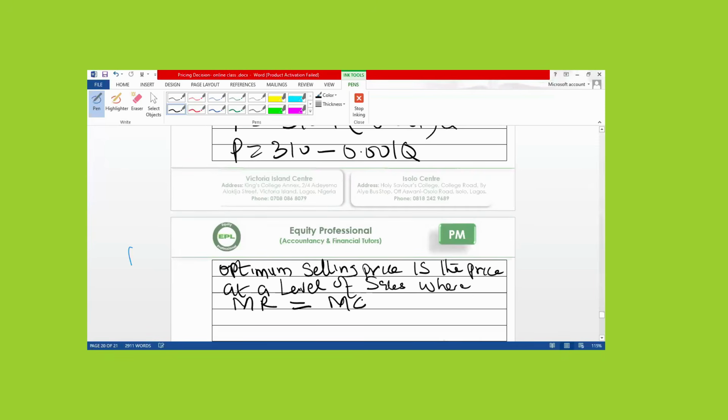What this means is that you have to equate the two.